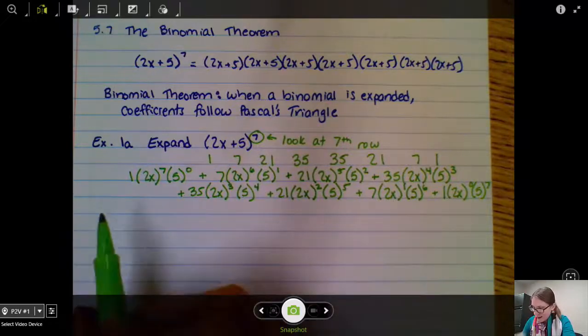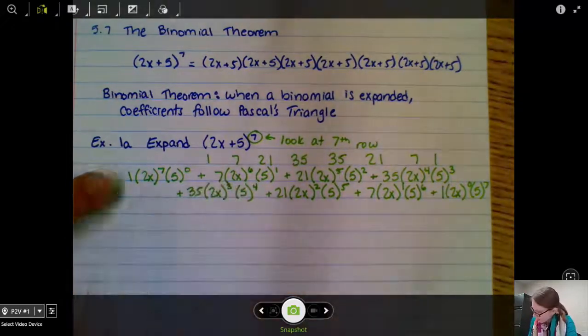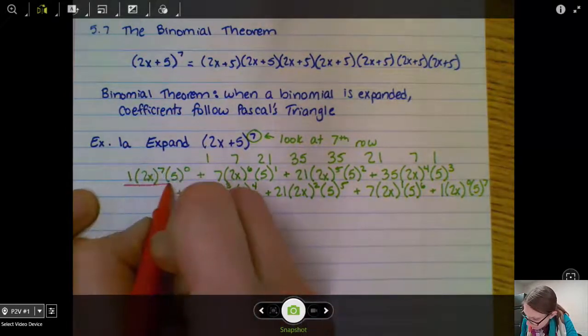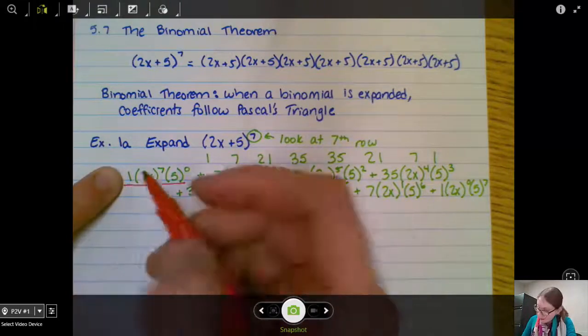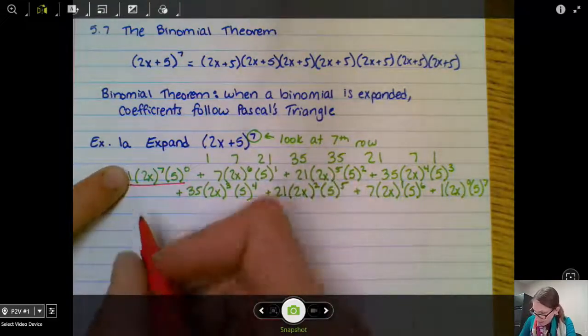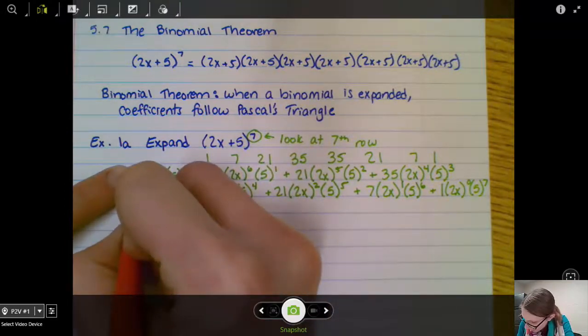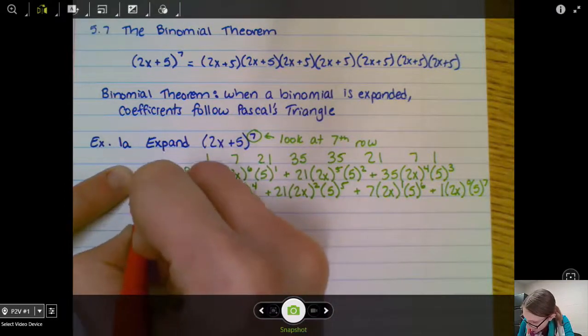All right. If I simplify my first term here, and I'll switch some colors so you can follow where each came from. 1, I don't really need the 1 there. 2x to the 7th power, I have to take 2 to the 7th power and x to the 7th power.